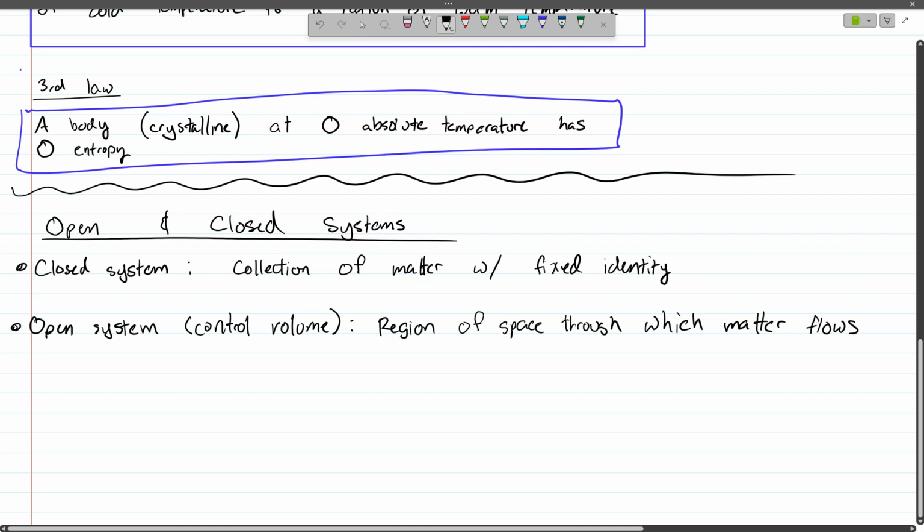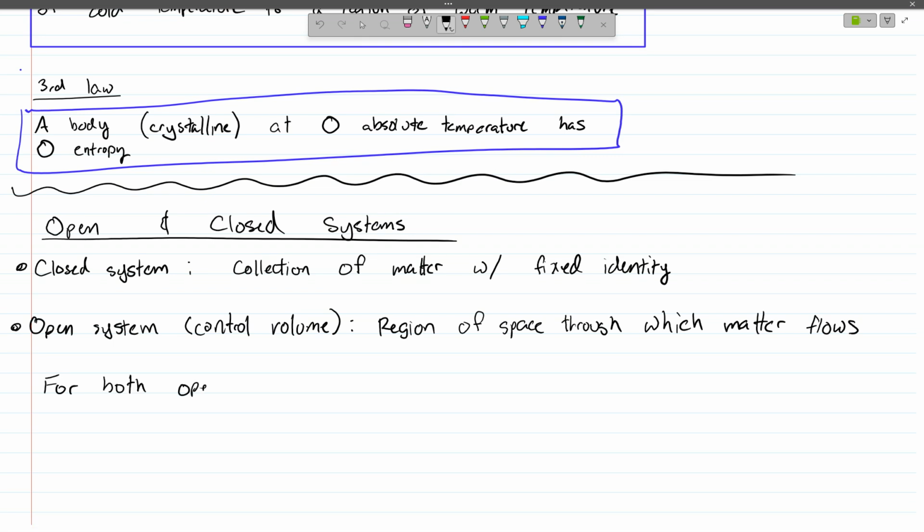Let's tag these. Both open and closed systems, the first law of thermo applies.